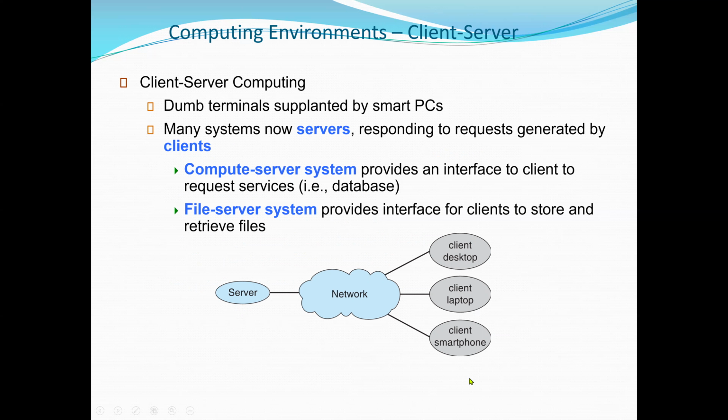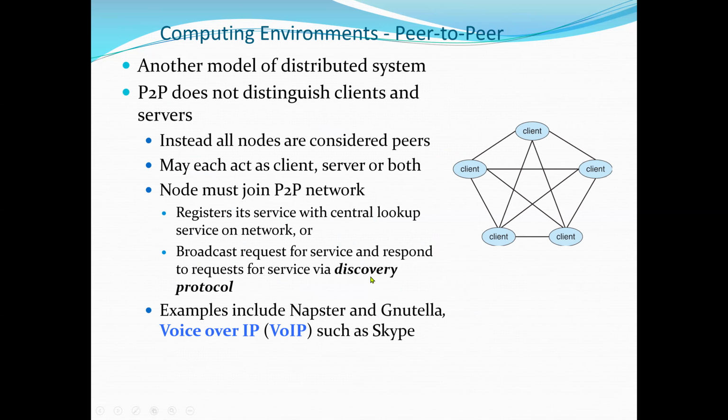And these computers are all connected through the network. Then we have peer-to-peer. Peer-to-peer here means you have two or more computers that can communicate and do everything together, but they don't service each other. They are all at the same level or in the same group.